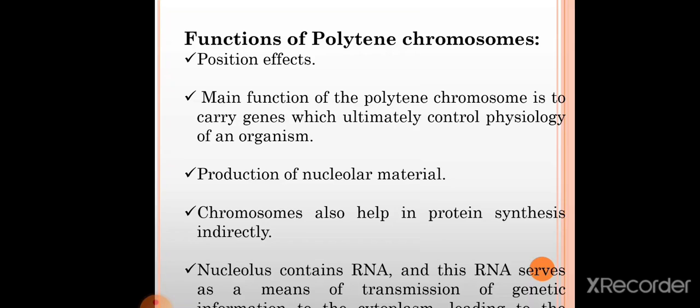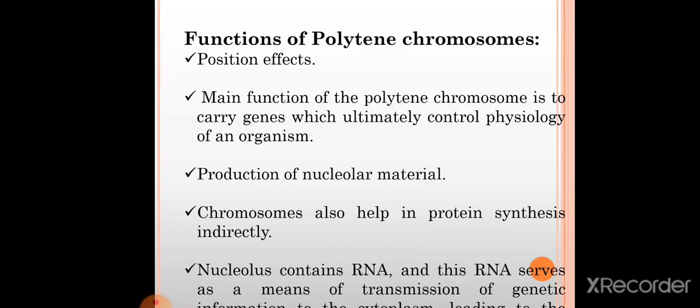Secondly, it assists in the shifting of heterochromatin with respect to euchromatin, which produces changes leading to position effects, and because of these position effects it results in mutations, which in turn bring about variations. Heterochromatic regions contain fewer genes than the euchromatic parts, and the production of nuclear material is entirely done by heterochromatin.